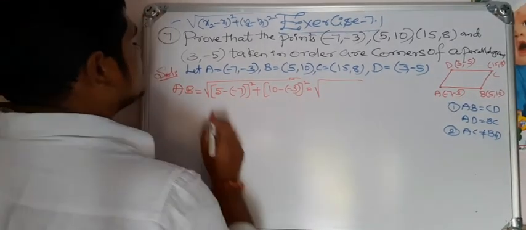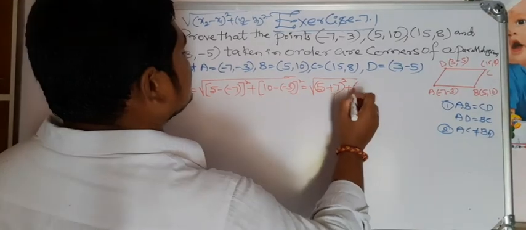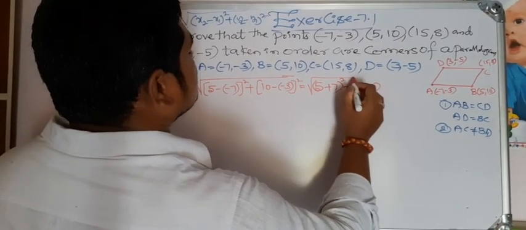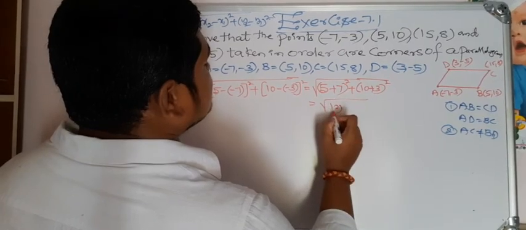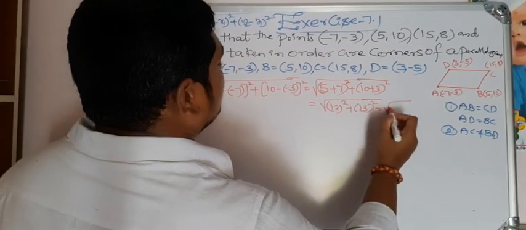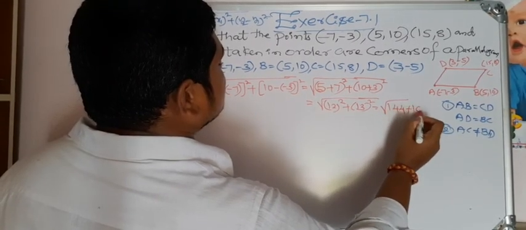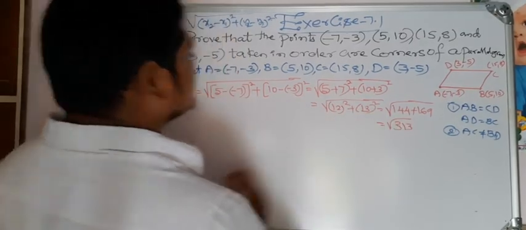So it is equal to (5 plus 7) whole square plus (10 plus 3) whole square, which is 12 square plus 13 square. So it is equal to root 144 plus 169, which is root 313.